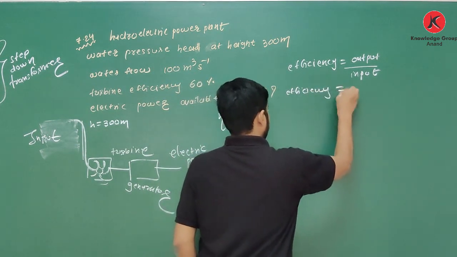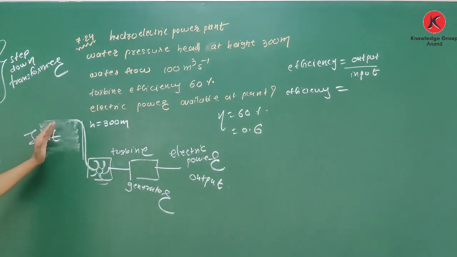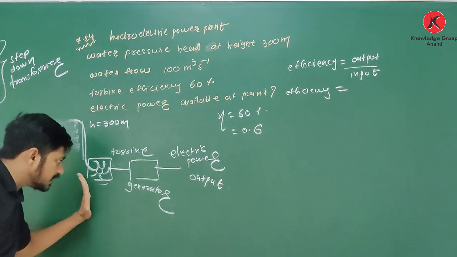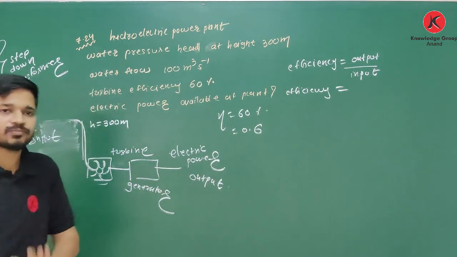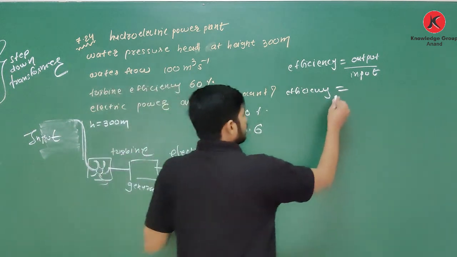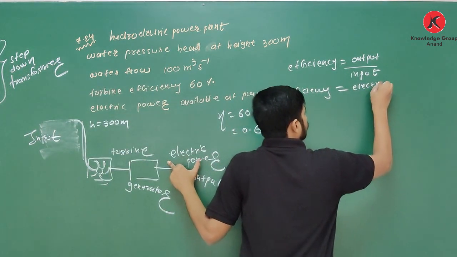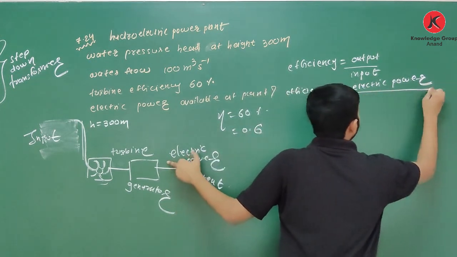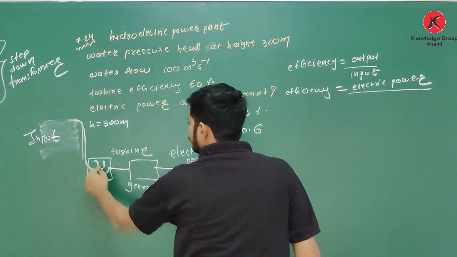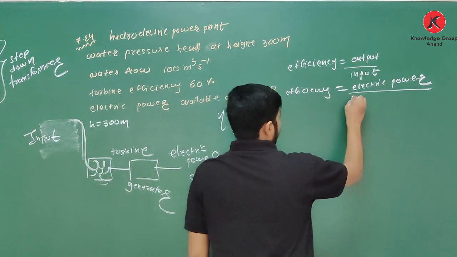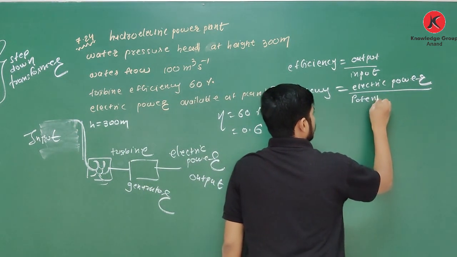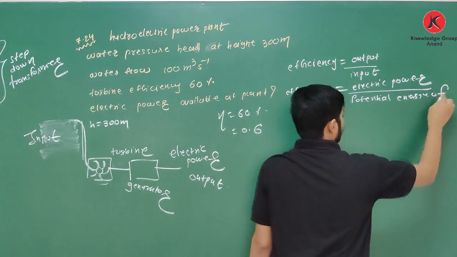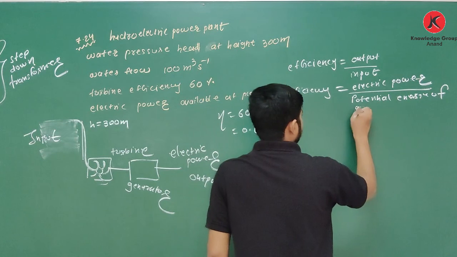This water coming from height will rotate a turbine, it will rotate the generator, and electricity is produced. So here output is electric power. And what is input? It is nothing but the potential energy of water.